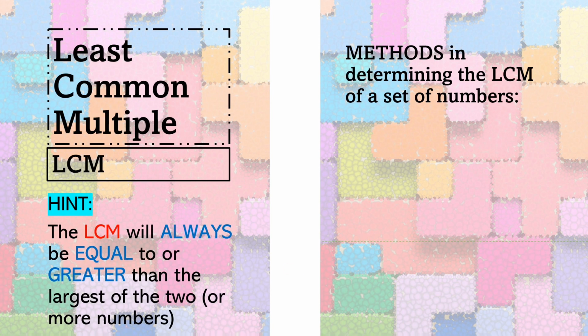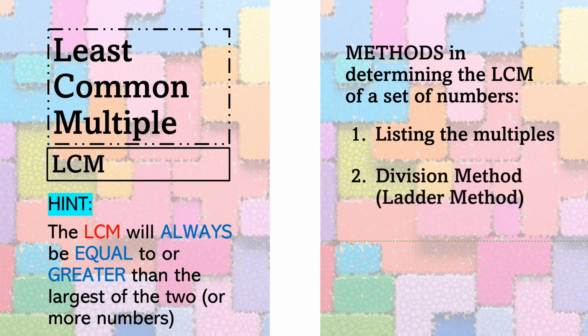Number 1, listing the multiples. Number 2, the division method, also known as the ladder method. Number 3, prime factorization. Let's apply all these three in the following examples.